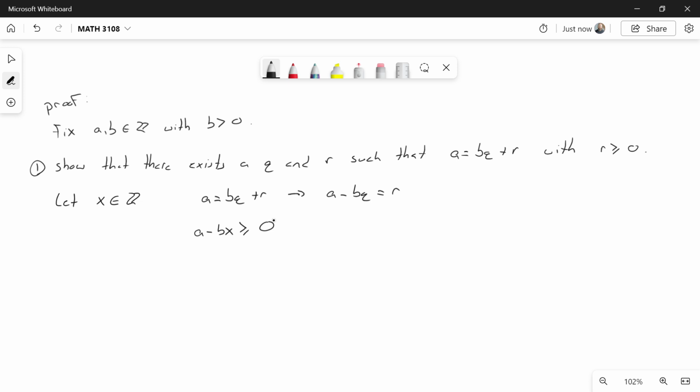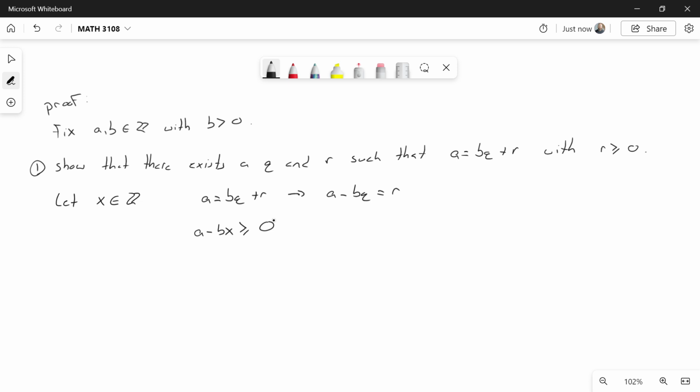Now, one thing to note, the result of this a minus bx, we can think of as the remainder if we went through this process and we didn't have any conditions on the fact that r had to be bounded in this way. So we can think of a minus bx as remainders.